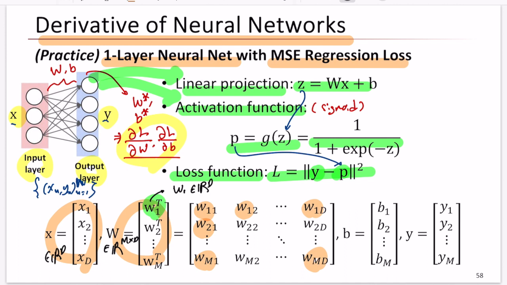So it should be an M by D matrix. Of course, we also have a bias, which is an M by 1 vector. So it means that W times X plus B equal to Z, right?